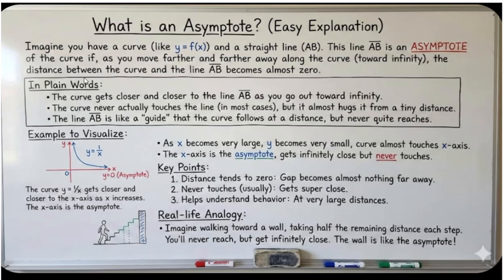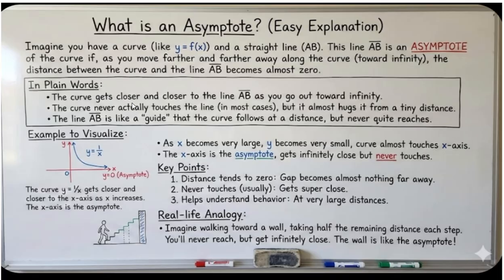The moving point on a curve, the variable point P(x, y), tends to infinity, which means either the x coordinate or the y coordinate of the curve point tends to infinity. The distance between the curve and the line becomes almost zero.